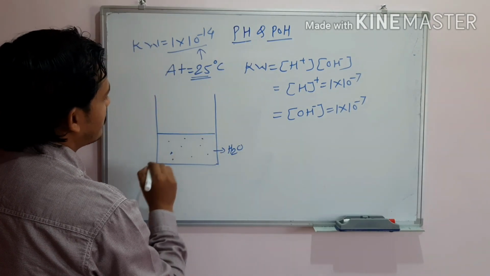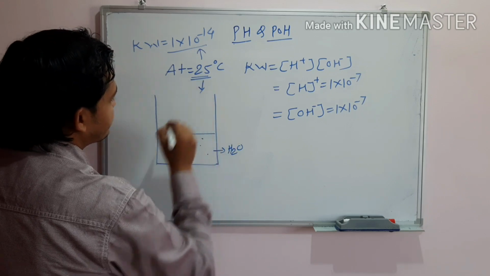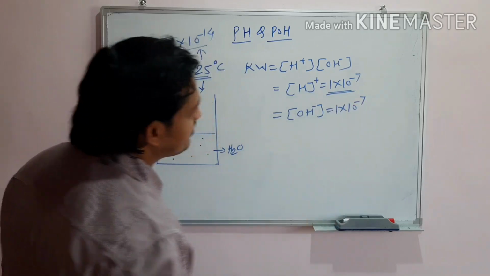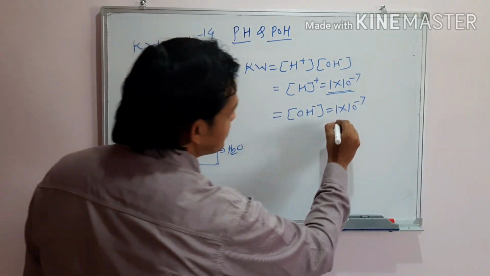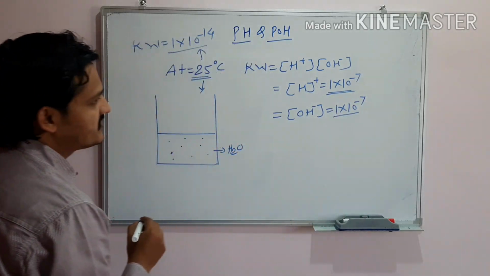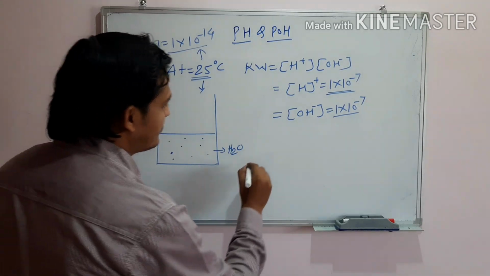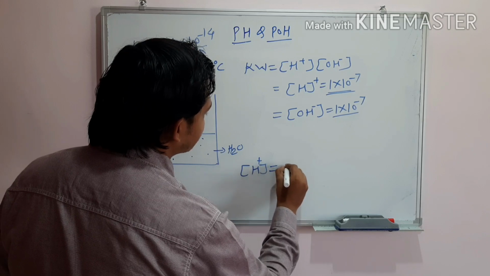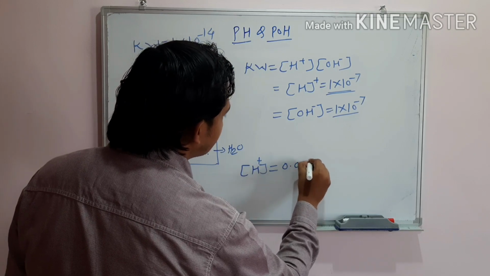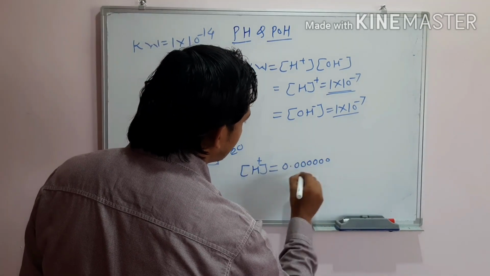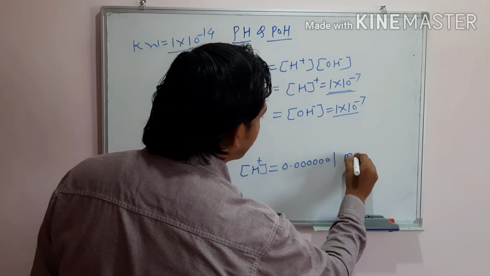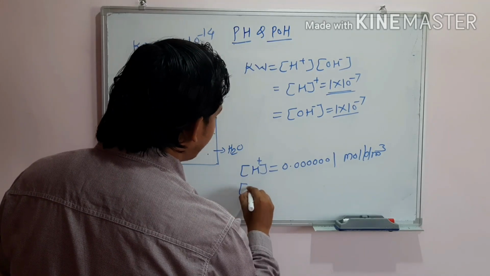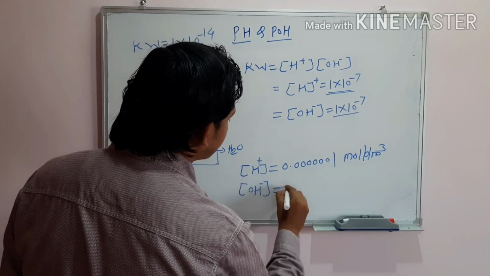So at 25 degrees Celsius, the concentration of H plus ion is 1 into 10 to the power minus 7, and the concentration of OH minus ion is also 1 into 10 to the power minus 7. The concentration of H plus ion is expressed as 0.00000001 mole per dm cube.